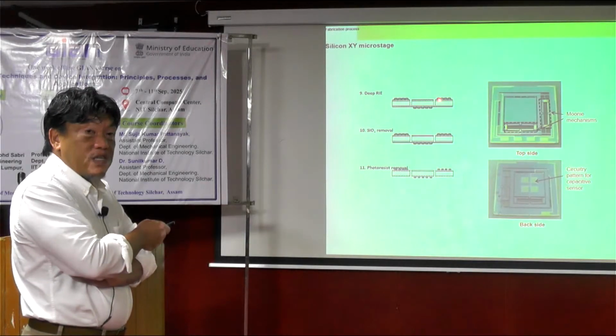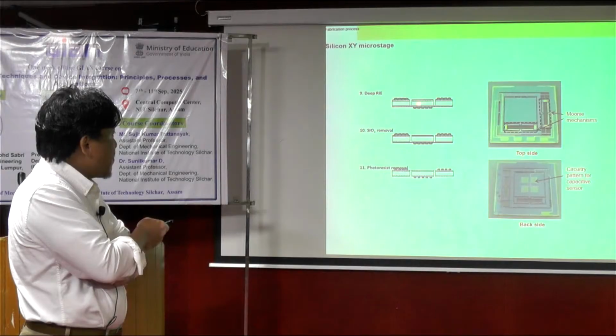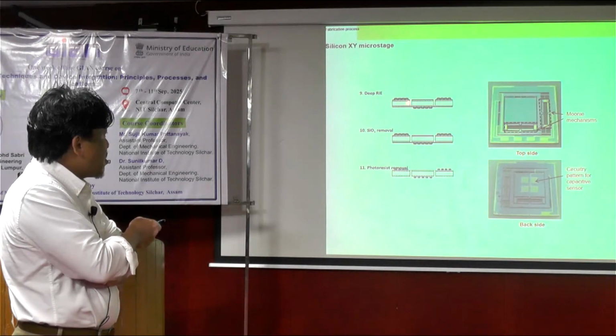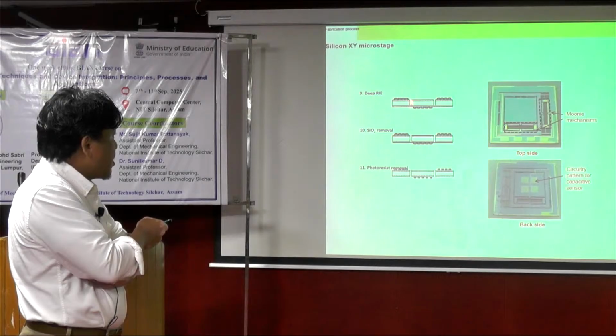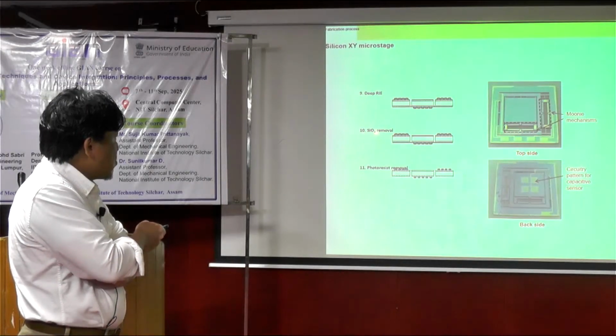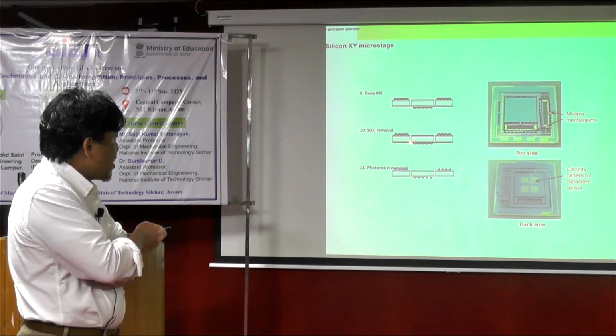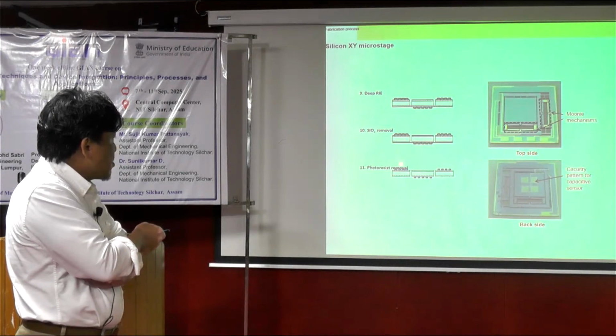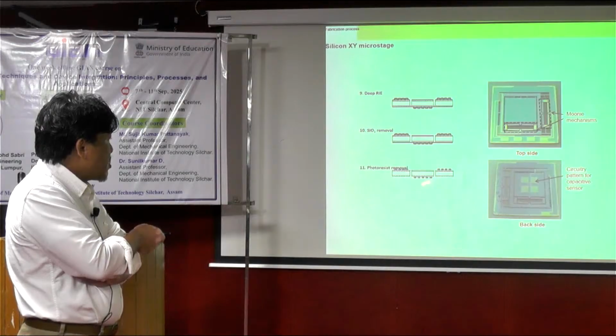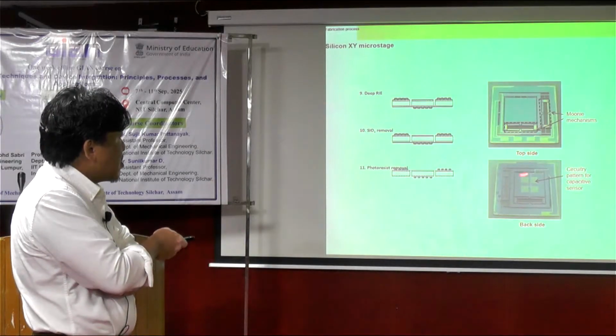With this reactive ion etching, the silicon can be removed in order to have a structural design. Then we remove the SiO2, silicon dioxide, at the bottom side. Then we remove all the photoresist and get the structural design of this.